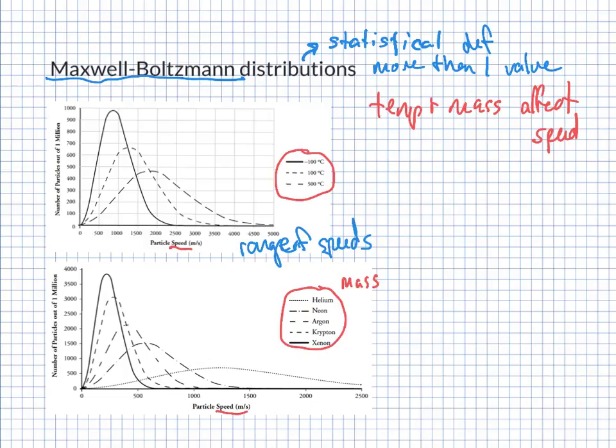So if you stop and think, how should temperature affect speed? Well, what you can see here is that the higher temp gives you faster speeds. Higher temp equals faster speeds. Again, common sense.